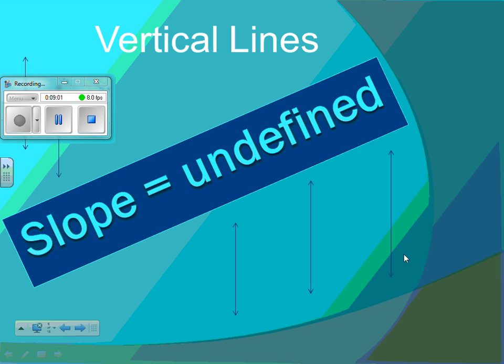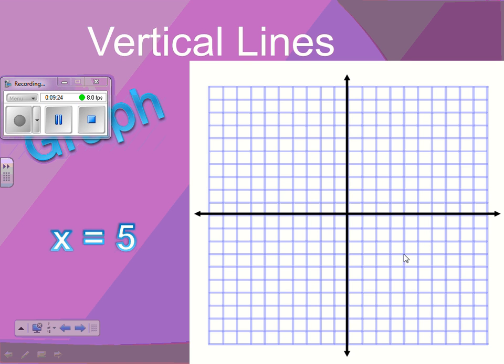You need to know that the slope is undefined with a vertical line. Any questions? And then if we looked at the graph, to graph this, this will be example 2.